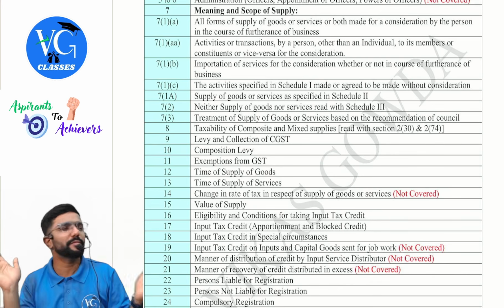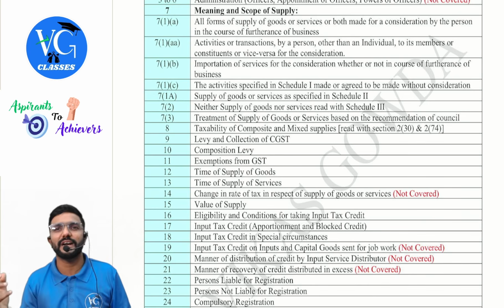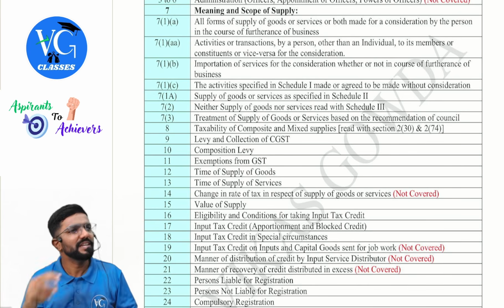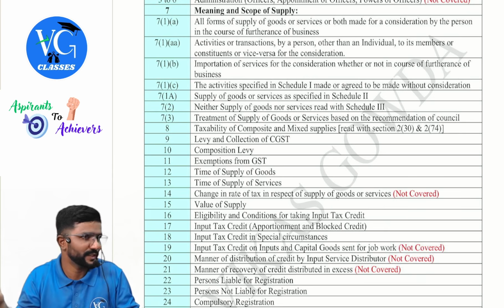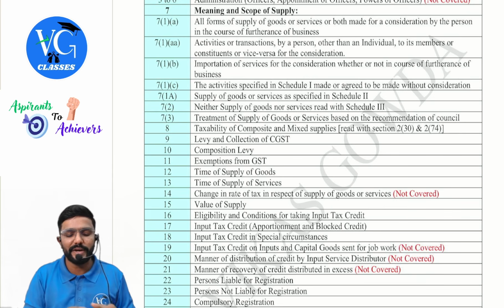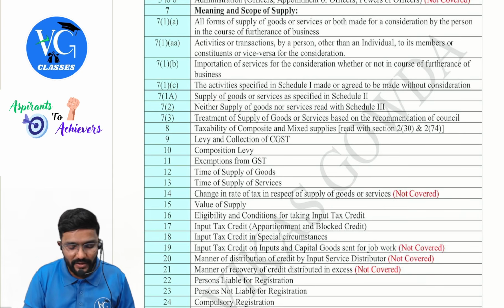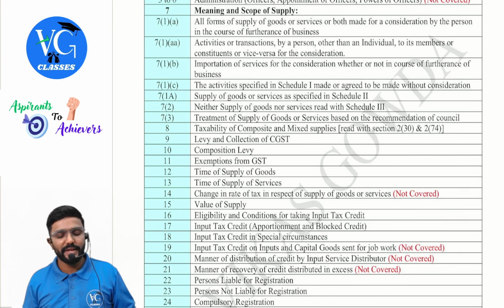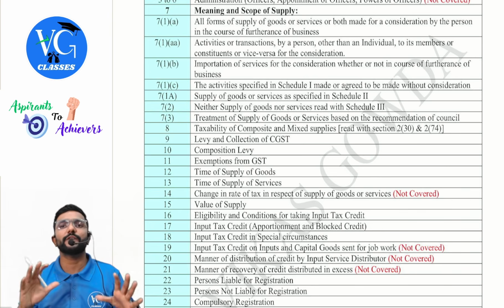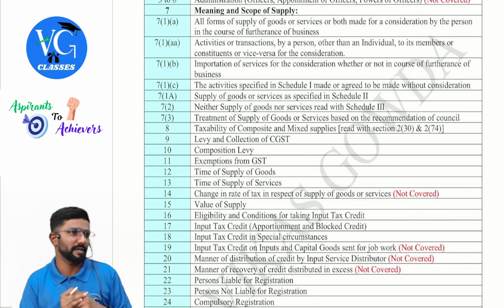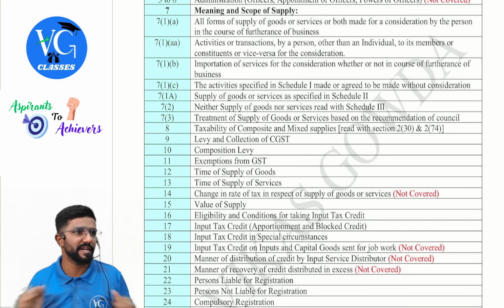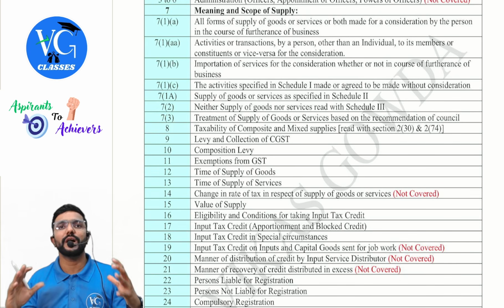Sir, I am supplying something and I do not know whether it is goods or services. They will come and clarify, telling, yes, it is a supply of goods. That power is given to the government under section 7(3), guys. Then section 8, which talks about taxability of composite and mixed supply. So till here we have covered.